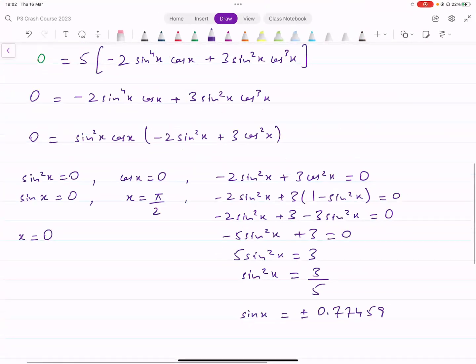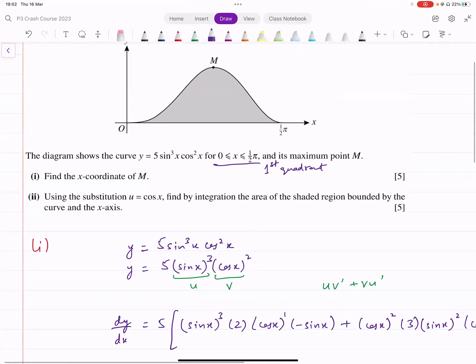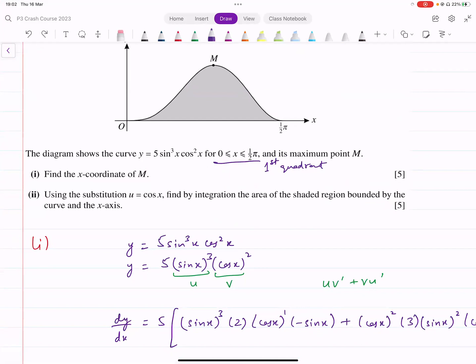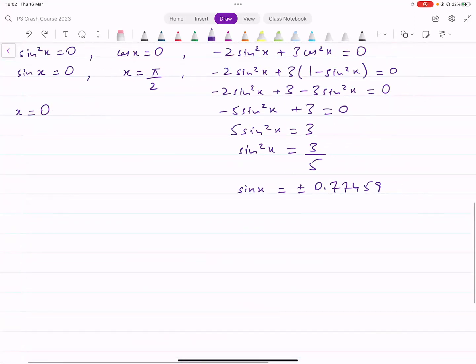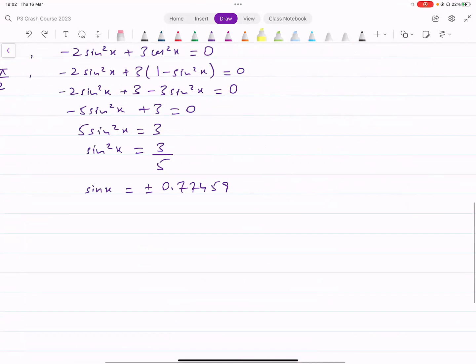Okay. But now remember, we are only in the first quadrant. All right. So we're only going to consider the positive value of sine here for that reason. Why? Because in the first quadrant, sine is positive. Just find sine inverse of this and see what value of x you get from that. Sine inverse of this, you'll get a value in the first quadrant. You don't have to find the basic angle and all that because we know that the angle is in the first quadrant.